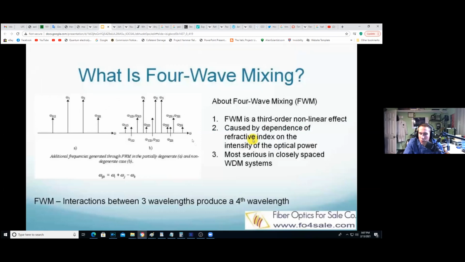And one way to potentially do that is through what's called four-wave mixing. Interaction between three wavelengths produces a fourth wavelength, and then you could use that fourth wavelength as a pump beam.